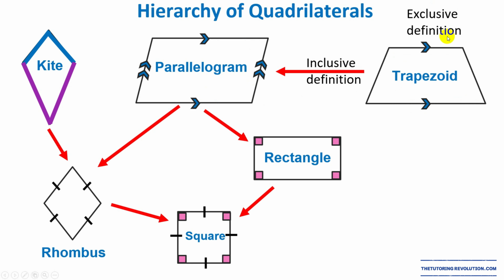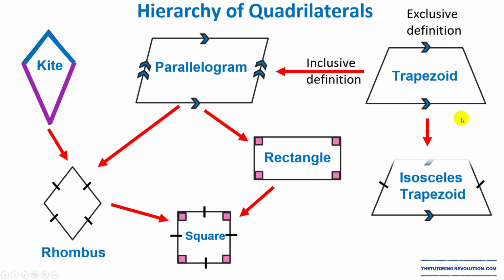But for the exclusive definition, no. Finally, an isosceles trapezoid is a trapezoid that has only one pair of parallel sides, basically matches the exclusive definition. And the pair that is not parallel is congruent. So this length and this length are the same. And we will see more of that in the next presentation.